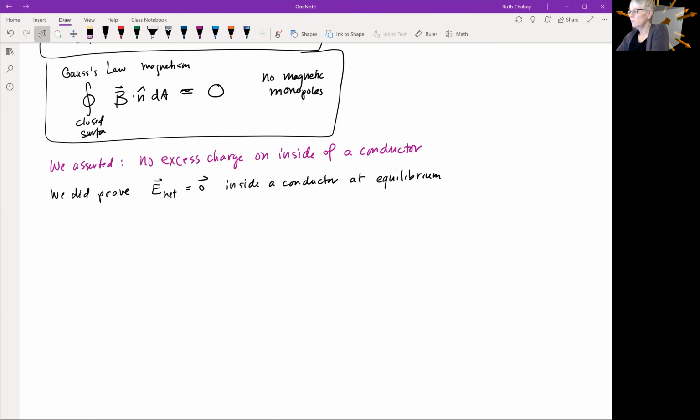We did that by reminding ourselves that the average drift speed, this is an average, not a vector, of a mobile charge in a conductor is given by the mobility times the net electric field.